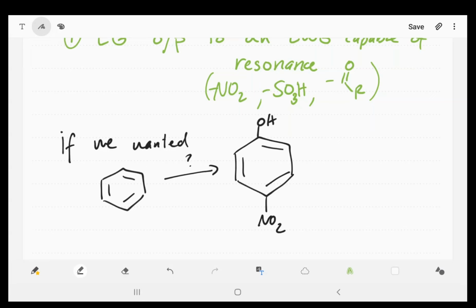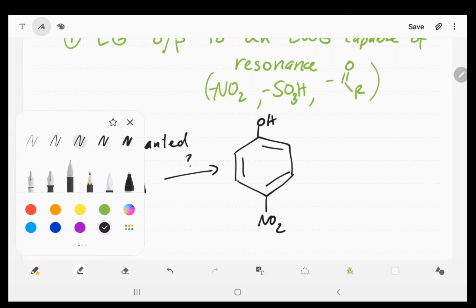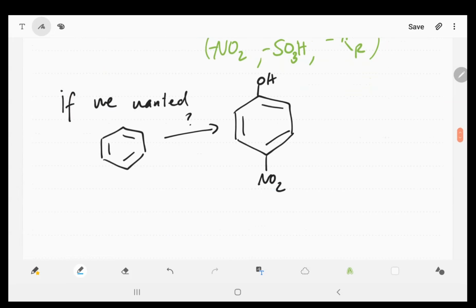A good thing for us is that our typical leaving groups are ortho-para directors, right? Our halogens. So if we have bromobenzene, or if we put a halogen onto our benzene, that would direct a nitro group para to it, right?